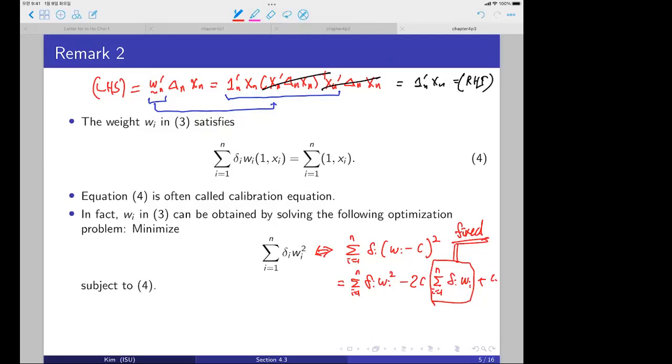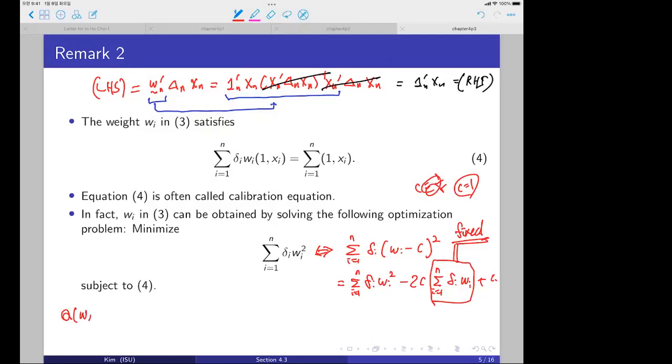But once you write it this way, you have an interpretation as a distance. Suppose c is 1, so you want to minimize the distance subject to the calibration constraint.